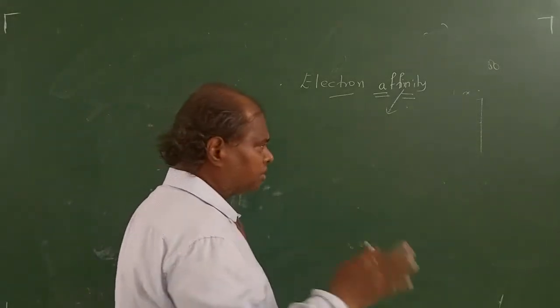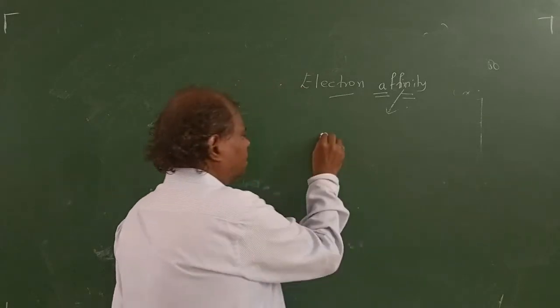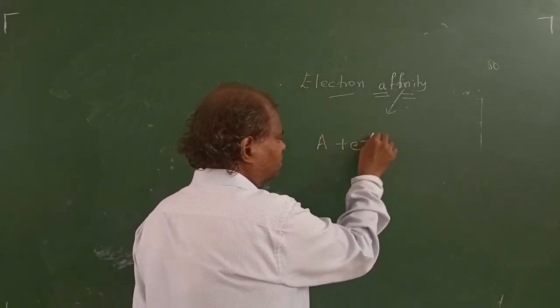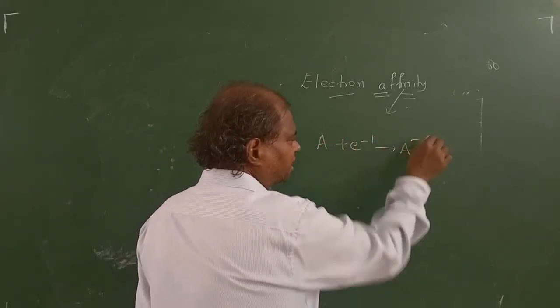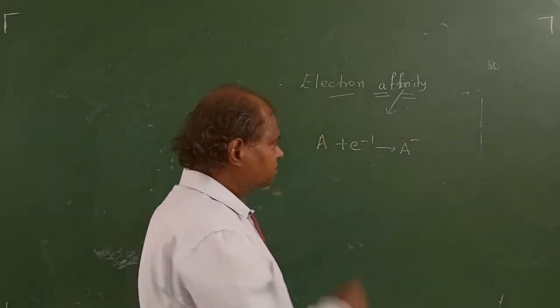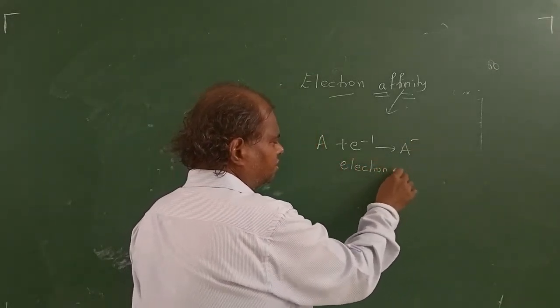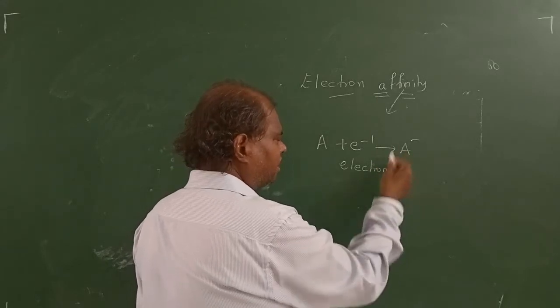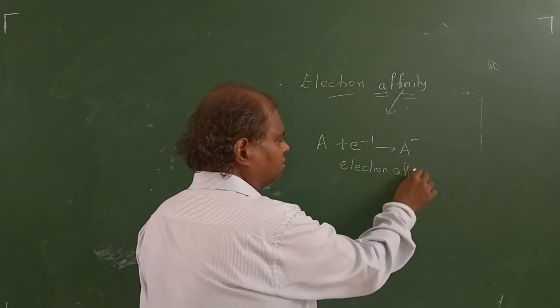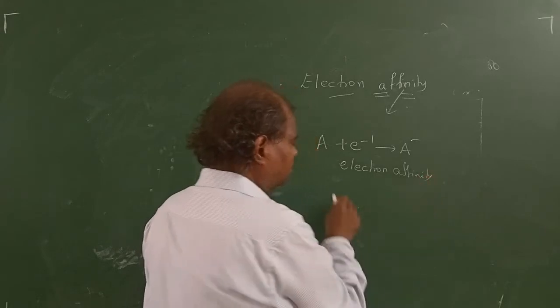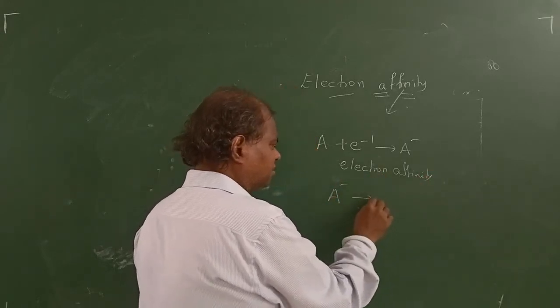Students, one more very important thing. A plus an electron giving A minus is called electron affinity, or electron gain enthalpy. Now what is the reverse called? Suppose I write the reverse.